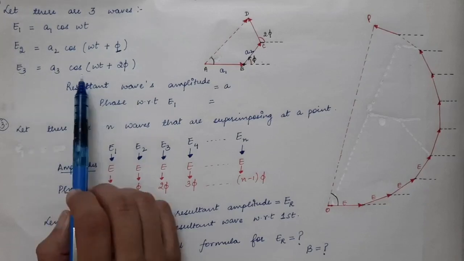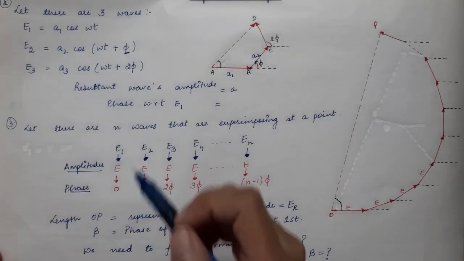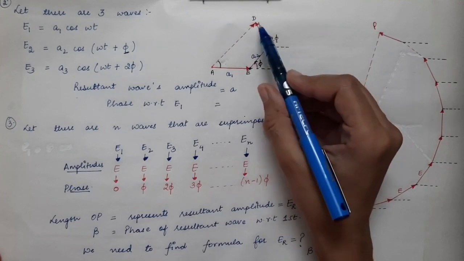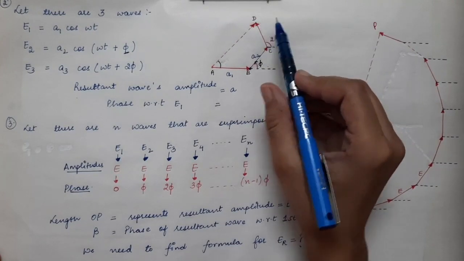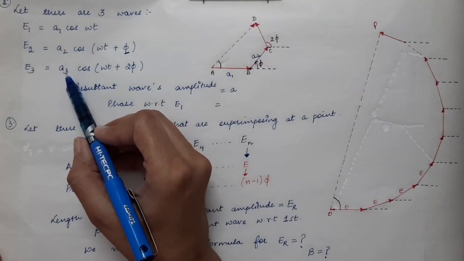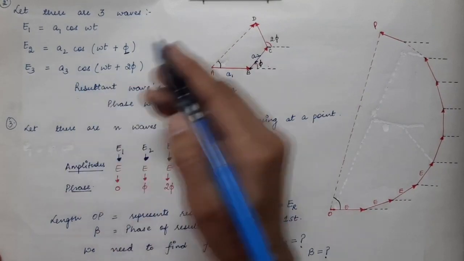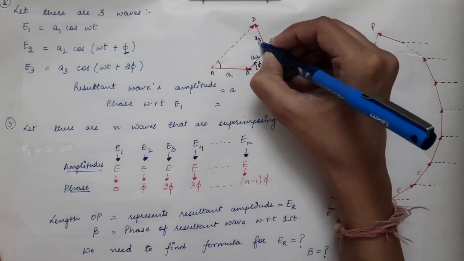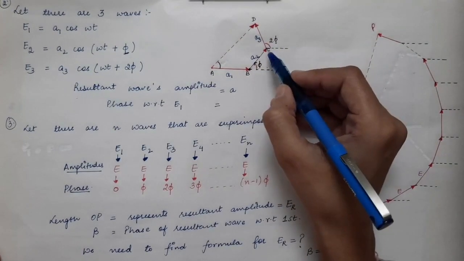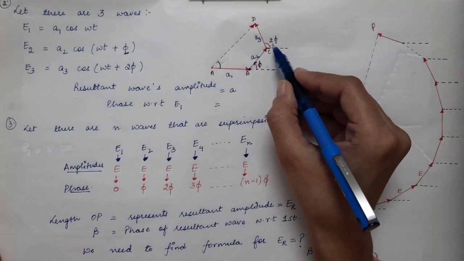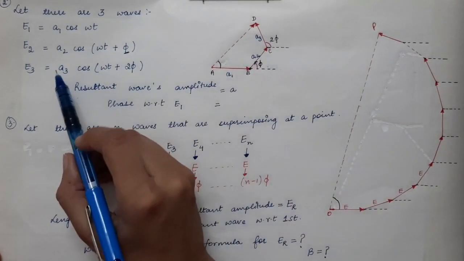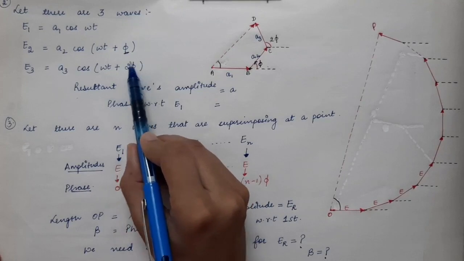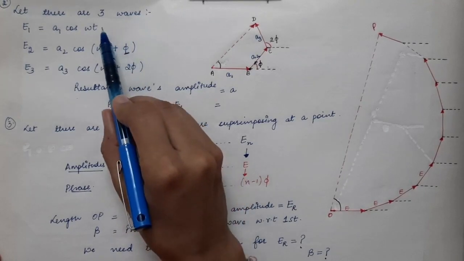Similarly, we draw the third arrow. The third vector will be drawn from point C, with length proportional to A3, the amplitude of the third wave. It will make an angle of 2 phi because the third wave has a phase of 2 phi with respect to the first.